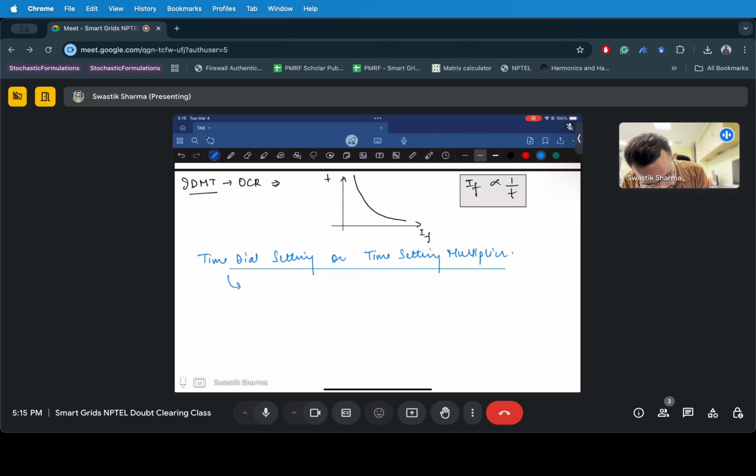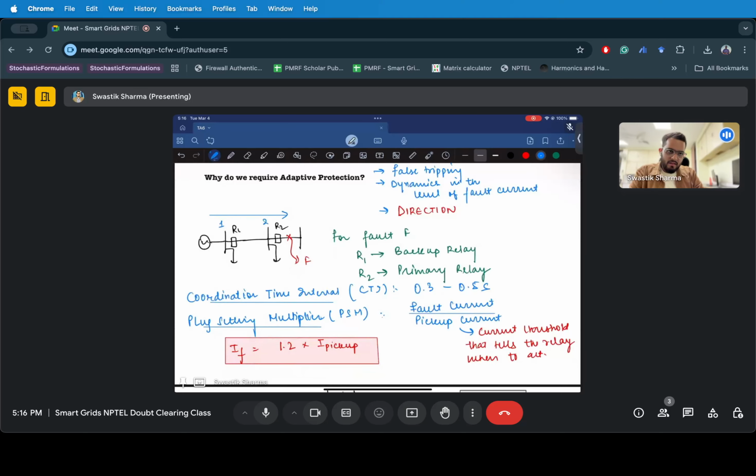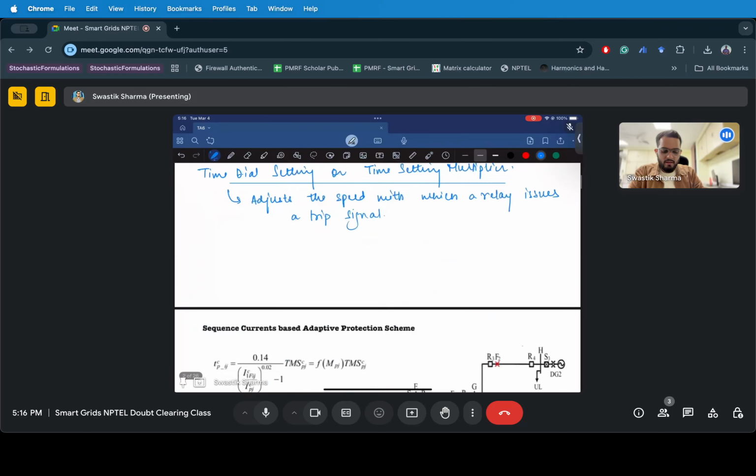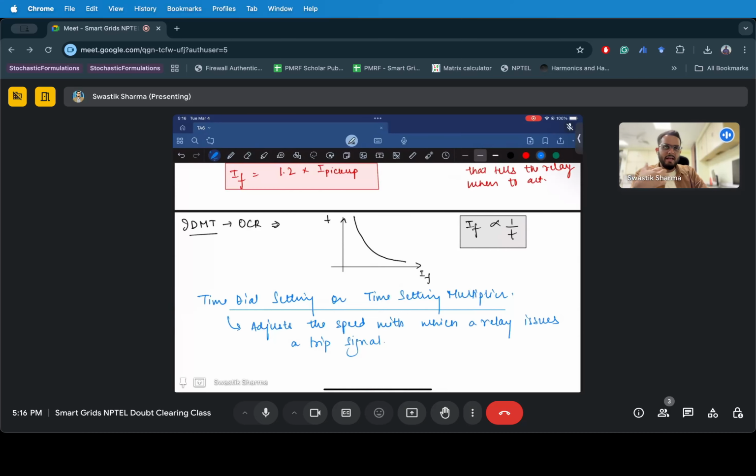So it adjusts the speed at which a relay issues a trip signal, right? So these are a few characteristics, or settings, that you have for a relay that gives you an edge, right? You want to make your protection equipment adaptive for any purpose that you are using it for.